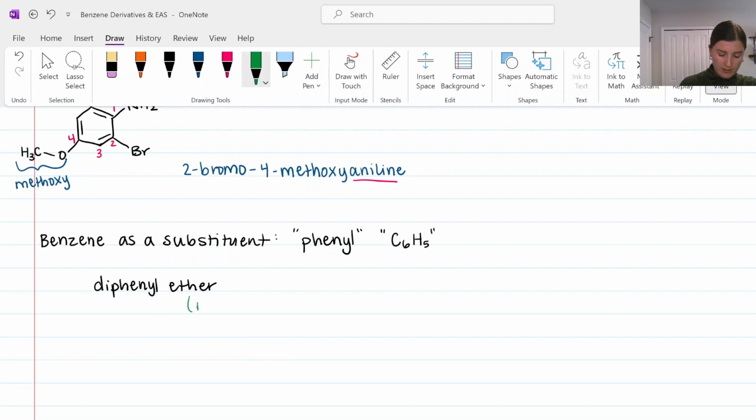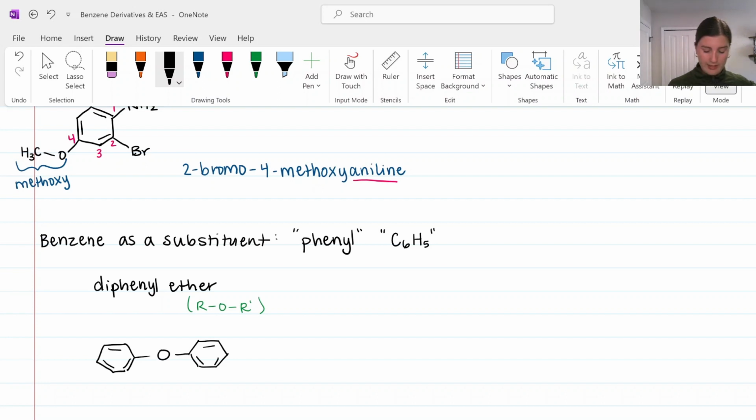Remember, an ether is an R group bonded to an oxygen bonded to another R group, where those are carbon chains. So a diphenyl ether is an oxygen bonded to two phenyl groups, which is the C6H5 ring, 6-membered ring with alternating double bonds.